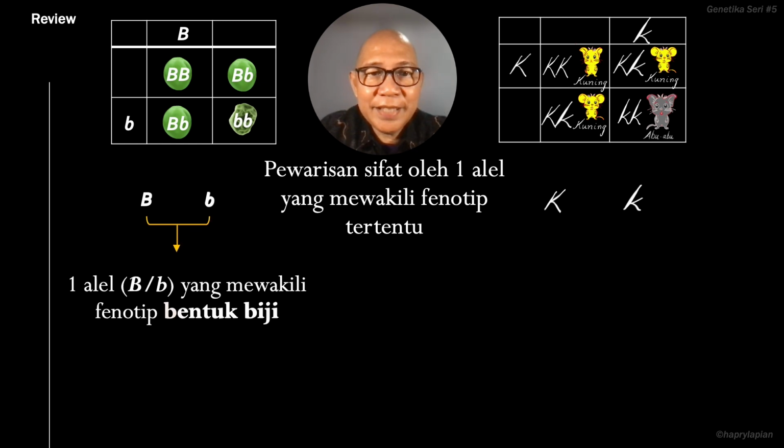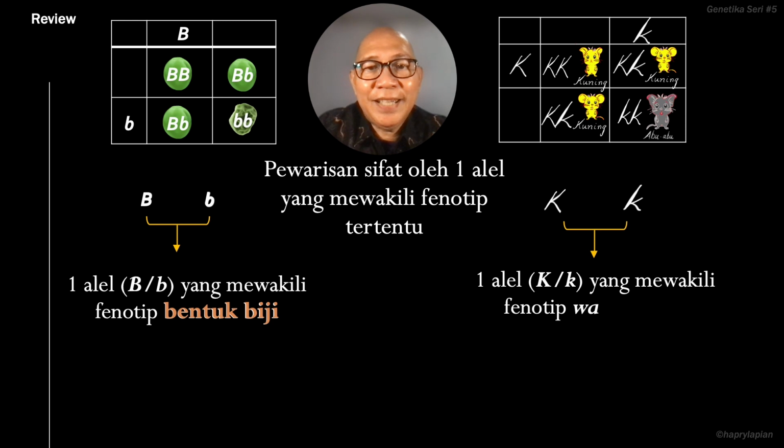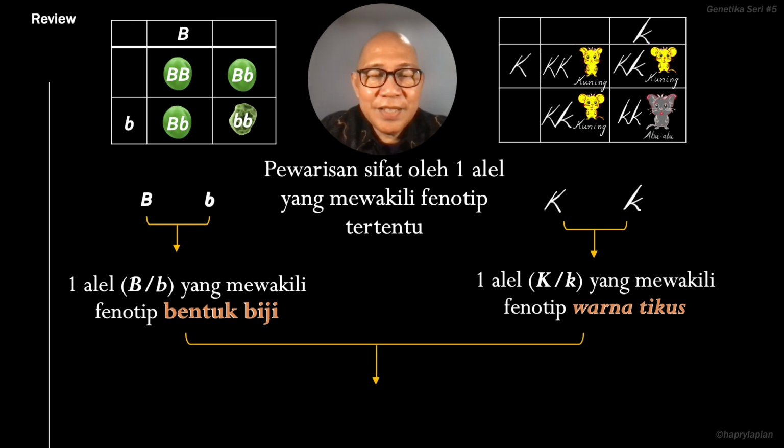The inheritance of this trait will be fully controlled by the complete dominant principle, where the dominant allele will give the same character to the offspring when combined with a recessive allele. Round seed and yellow cotyledon color as dominant characters will be found in the offspring.